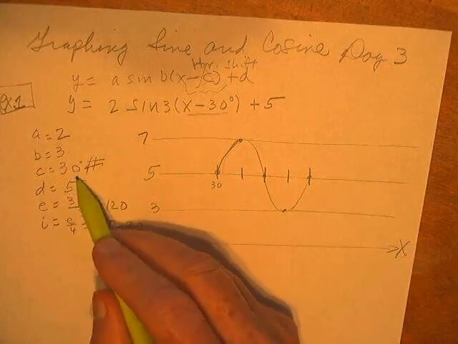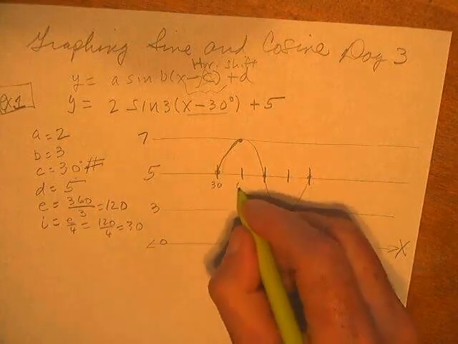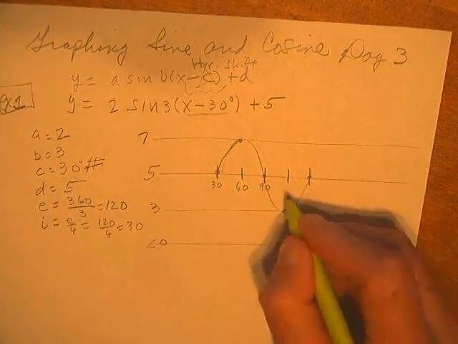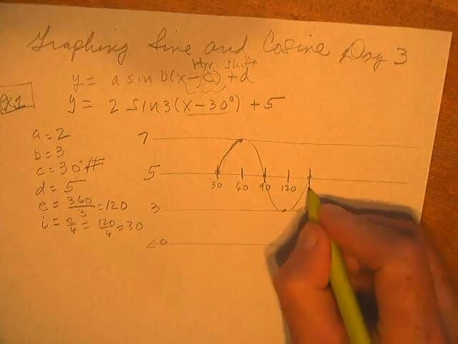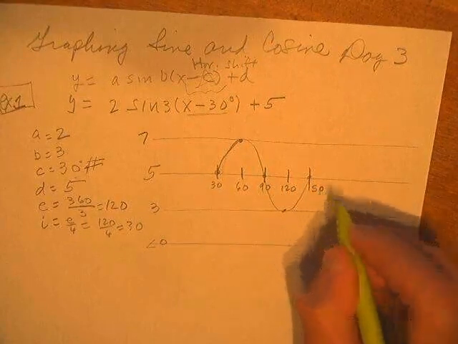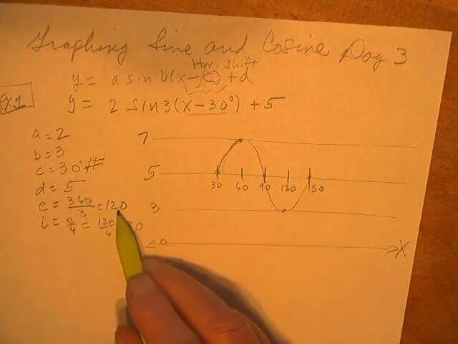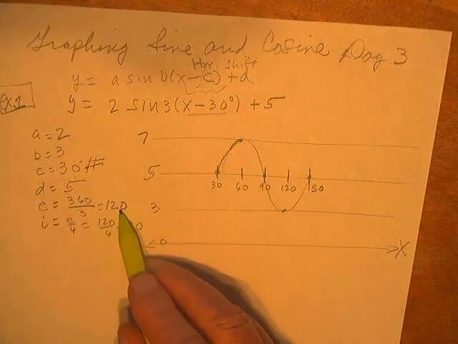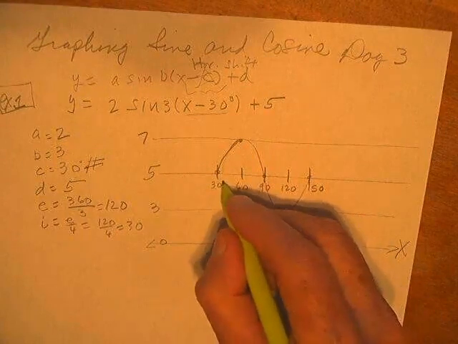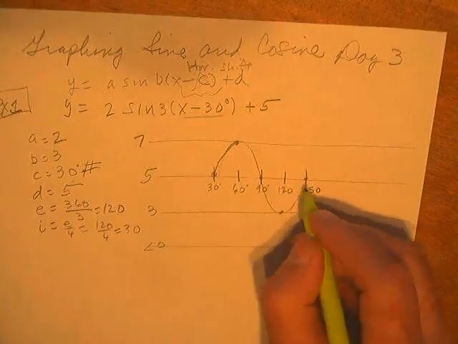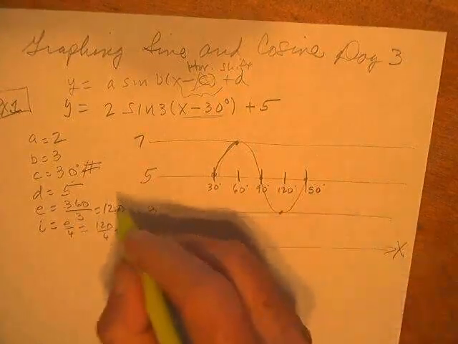We start on 30. And we go by 30, 60, add 30, 90, add 30, 120, add 30, 150. And notice from 30 to 150, it's 120. Those are all degrees. You can put little degrees up there if it makes you feel better. There we go.